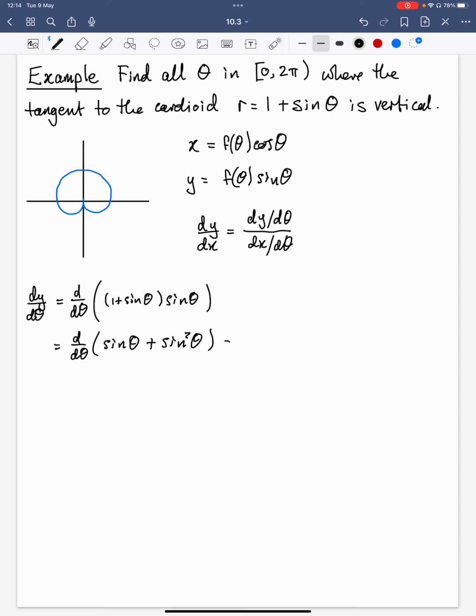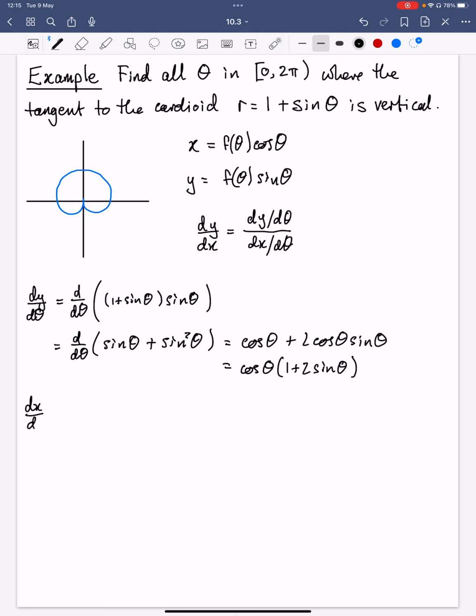Okay, so that's cosine theta plus 2 cosine theta sine theta. So that's a chain rule on that second one. And maybe I'm going to have to solve stuff for zero at some point, so let's factor to make things cleaner. Okay, so far so good.